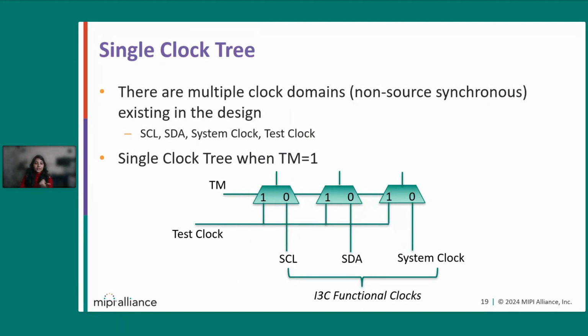We extend this method to the place and route phase also, and the test clock will be used as our main clock. By doing this, the functional clocks are bypassed during the clock tree synthesis. So we can have TM equal to 1. We will set our test mode as the primary clock, and we can proceed with that. So instead of multiple asynchronous clocks, we can have a single clock in our design.